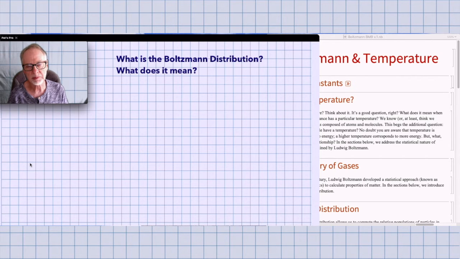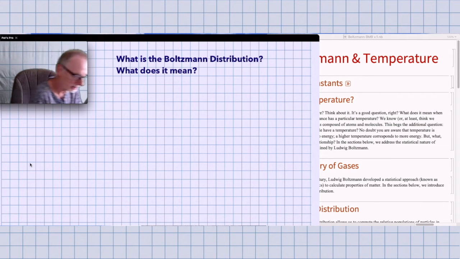We're just going to spend time on the Boltzmann distribution, which is an outgrowth of the statistical analysis of states of particles, molecules, atoms, etc. at a given temperature, T. So first of all, one thing to note is that the Boltzmann distribution represents a distribution of particles in a particular energy level as a function of temperature and corresponds to an equilibrium.